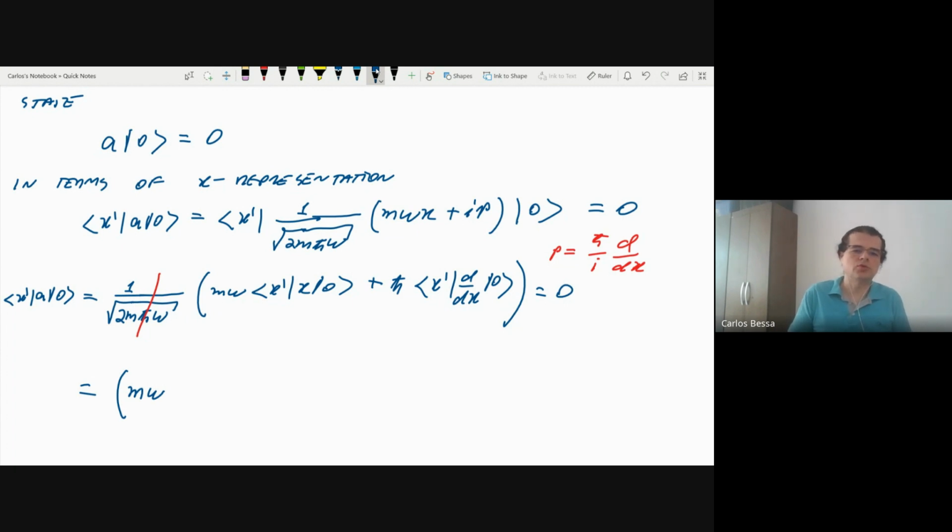So it will be just x prime. Plus h bar, and I can apply d dx to the bra x prime. This will give me only d dx prime. This multiplied by x prime 0, is equal to 0.